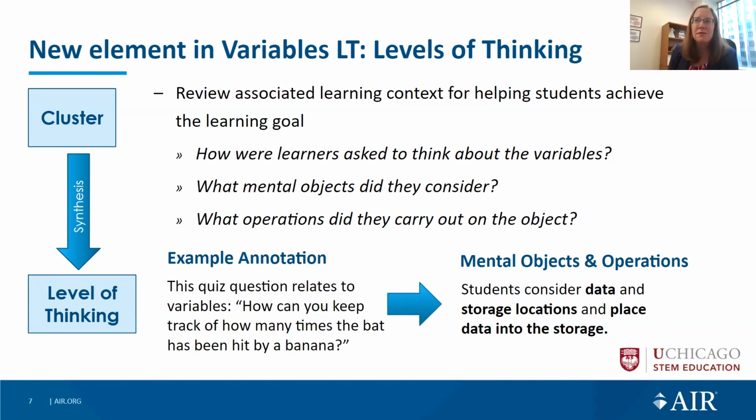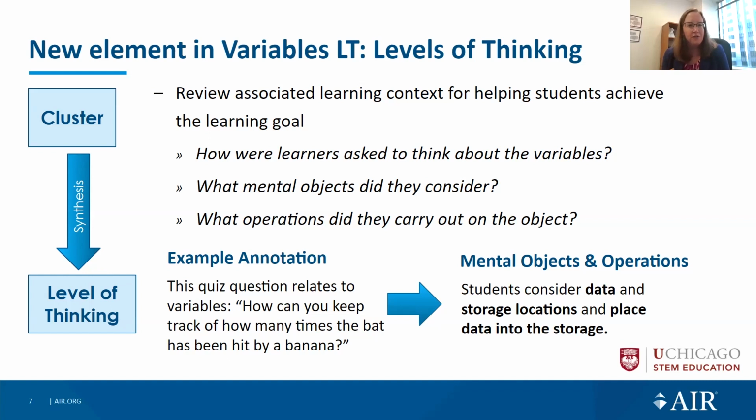Just as a brief example, which I know doesn't impact it entirely, one annotation we made was this particular learning context said, there's a quiz question related to variables that asks how can you keep track of how many times the bat has been hit by a banana?